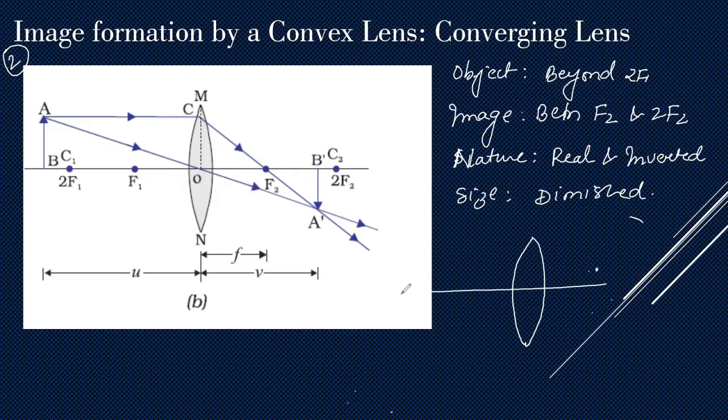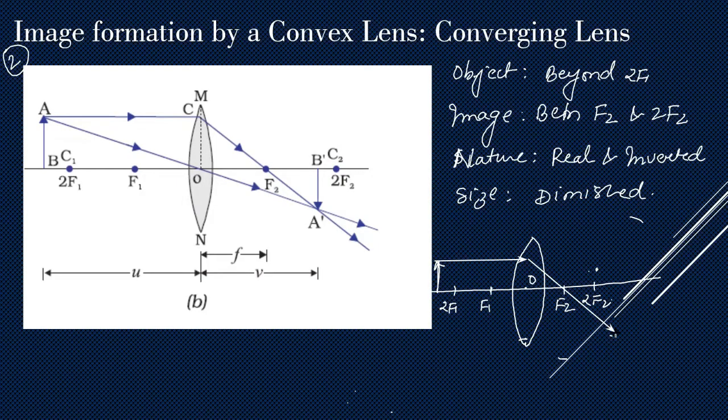Lens, principal axis. First of all, draw a lens, draw a straight line, that is the principal axis, and just put in all the main things that we have. F1, F2, 2F1, 2F2, right? This is your object AB. Take one ray parallel to principal axis, passing through focus, right?